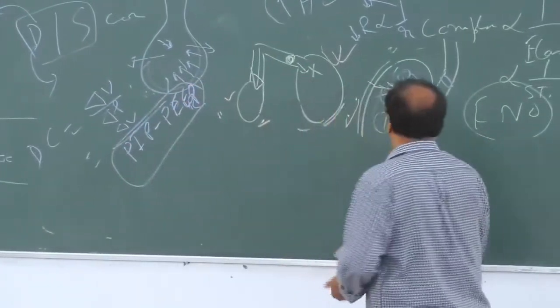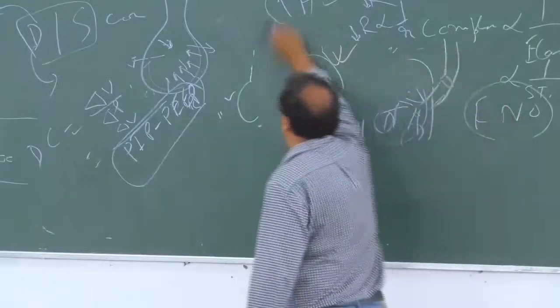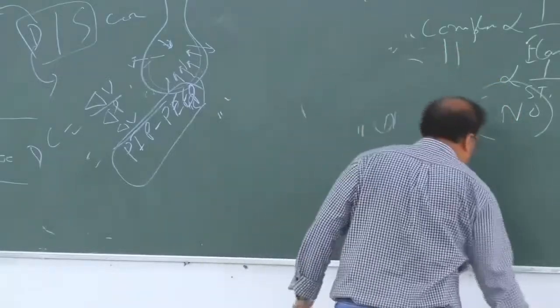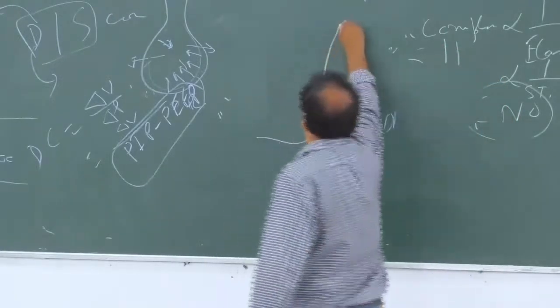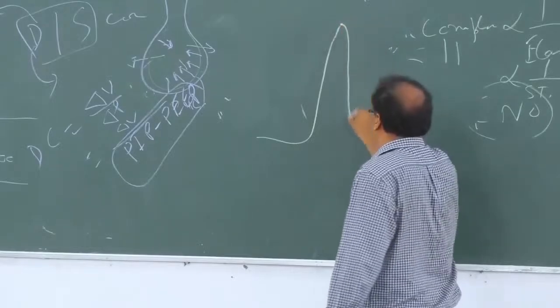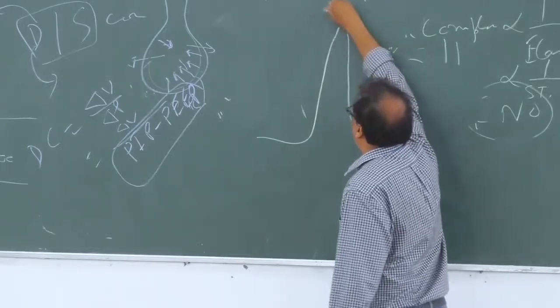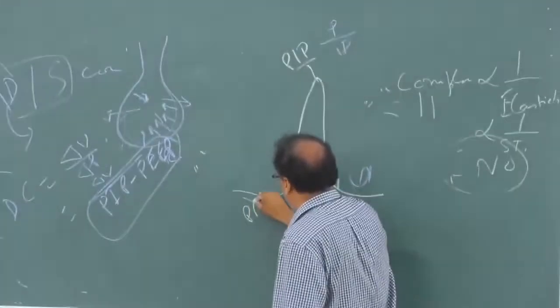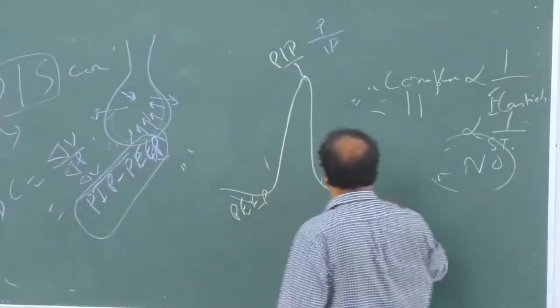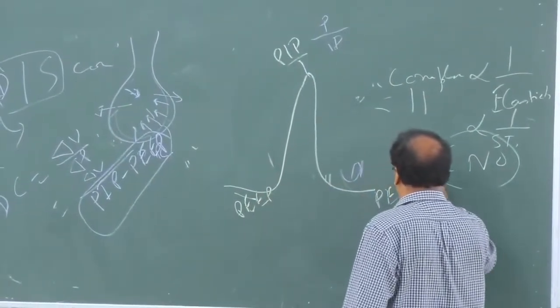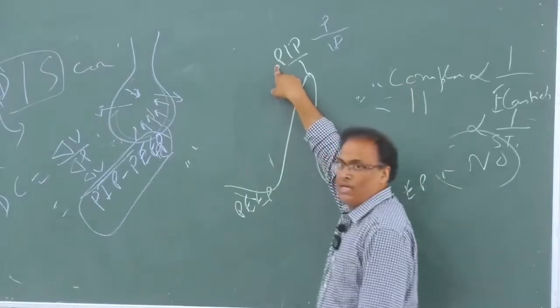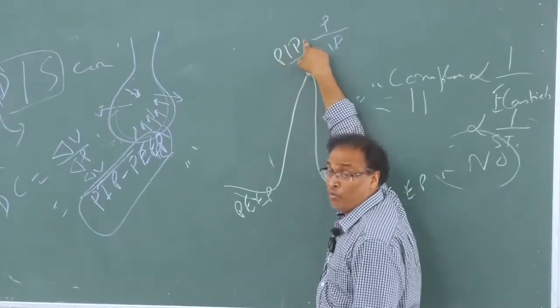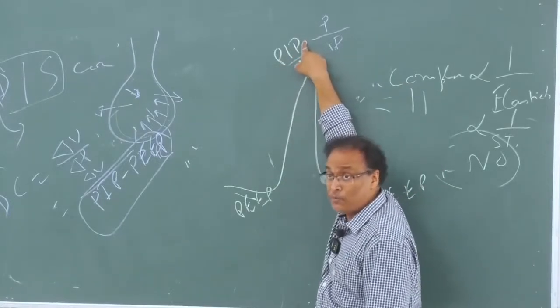So if we take a breath, suppose in this way, then it will come down like that. This is called PIP, and this level is PEEP. That means peak inspiratory pressure.